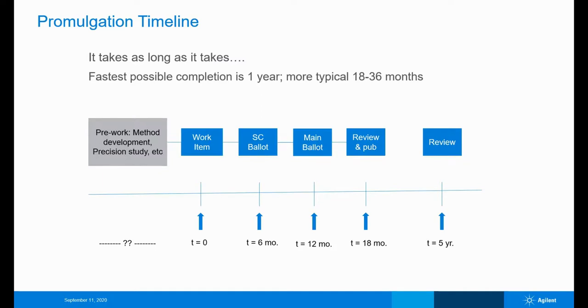So all standards at ASTM are reviewed at least at minimum every 5 years in order to be continued in publication. So you see, these are all variables that answer the question, why does it take so long to publish a standard? As you can see, there's a significant amount of work for each standard required.